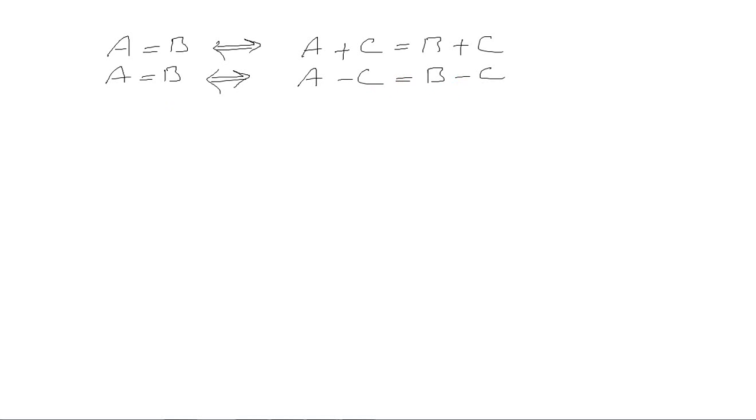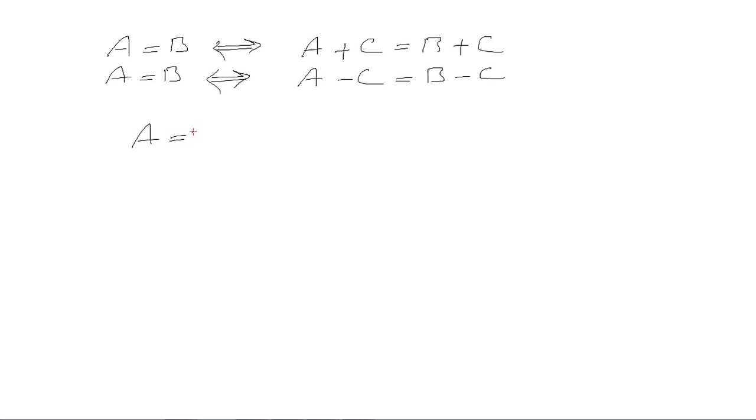Or if you have a plus c equals b plus c, you can cancel c on both sides and then you have a equals b. And if you have a minus c equals b minus c, you can cancel minus c on both sides and you're left with a equals b. So that's two of them. We also have these.